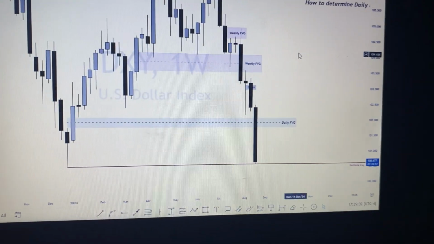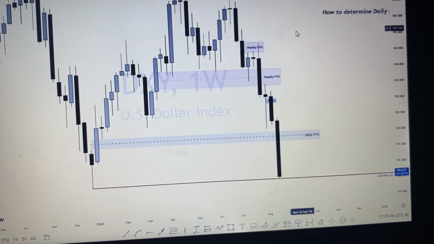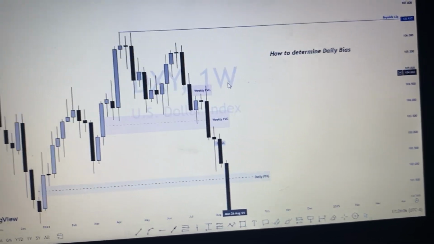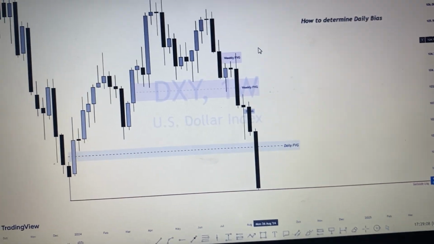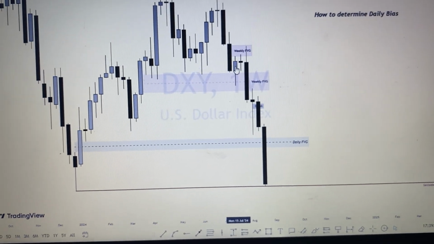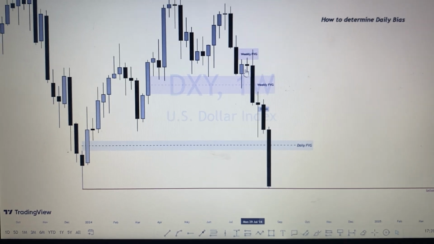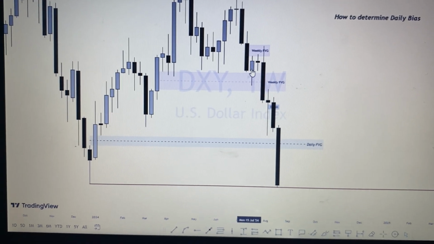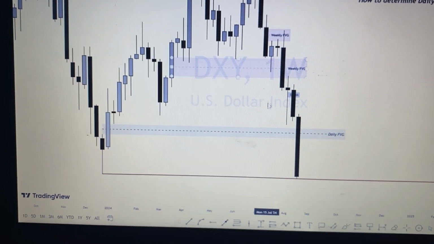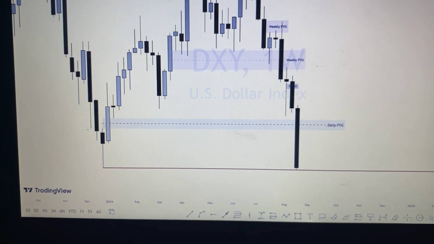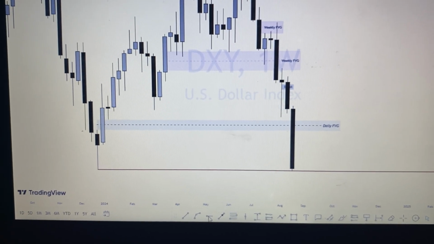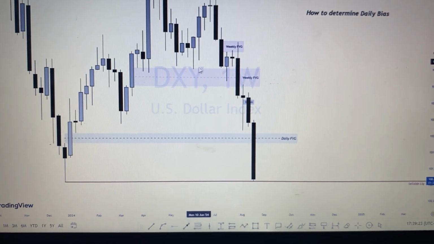So starting off on the weekly time frame, you want to see where you are. So let's say we are here. Ignore all of this down movement. Let's say we are opening here, and then let me just do this. I'm gonna draw a line. So it opened here.